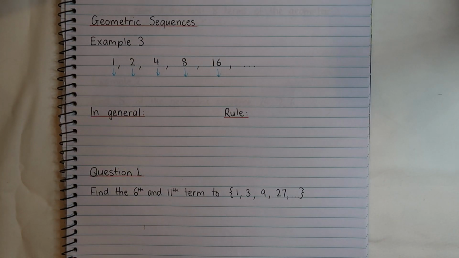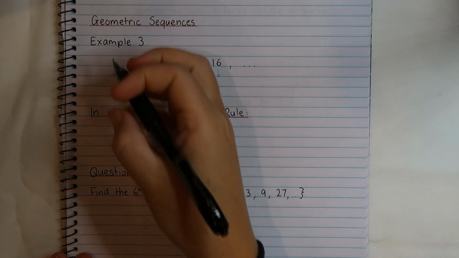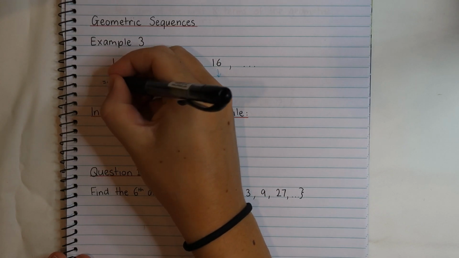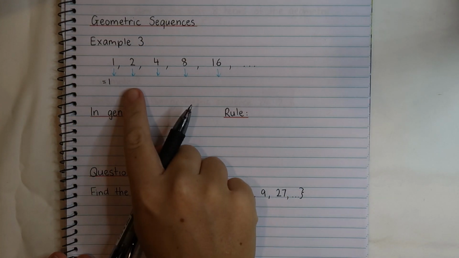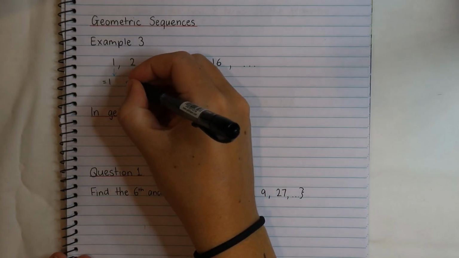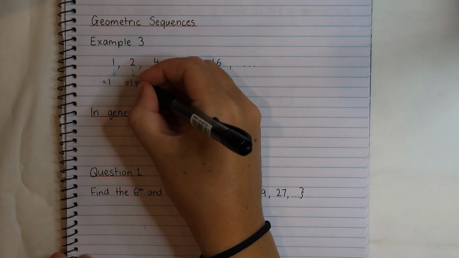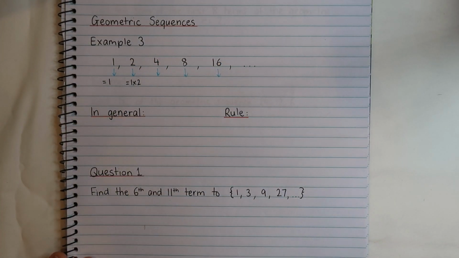So the number multiplied or divided at each stage of a geometric sequence is called the common ratio, which is represented by r, which I'll write shortly. Because if you divide successive terms, you're always going to get that same value. So here we have our starting value of 1. For this term, we have our starting value 1 and we're multiplying it by 2.